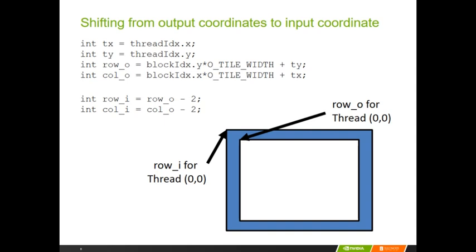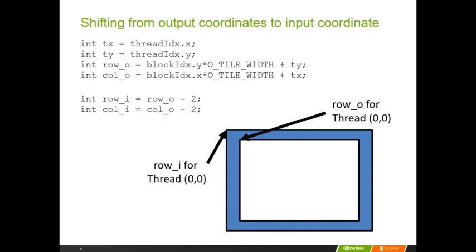And then we add the y-dimensional thread index into the row index. So this gives us the vertical direction index for the thread. And then we calculate the column index, which is the horizontal direction index, by skipping over all the output elements covered by the previous blocks, and then we add the x-dimensional thread index into that index.